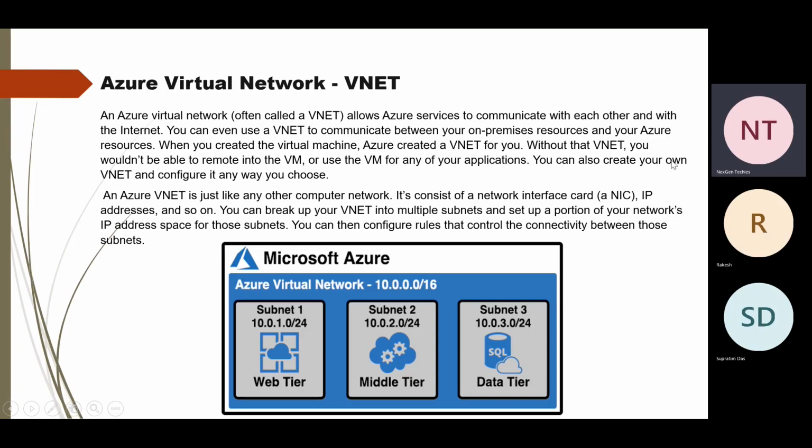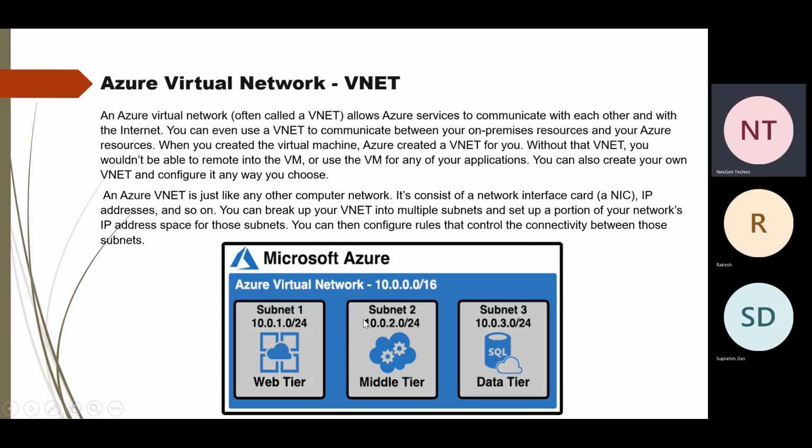You can also create your own VNet and configure it in whatever way you choose. So as per your recommendations, you can create your own VNet. This VNet contains the network interface card (NIC) and the IP address. You can break up your VNet into multiple subnets and set up portions of your network. So you can divide your virtual network into subnets, like subnet 1 for applications, a subnet for the database, and a subnet for some other applications.